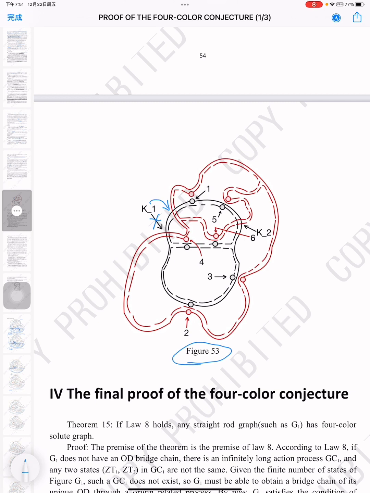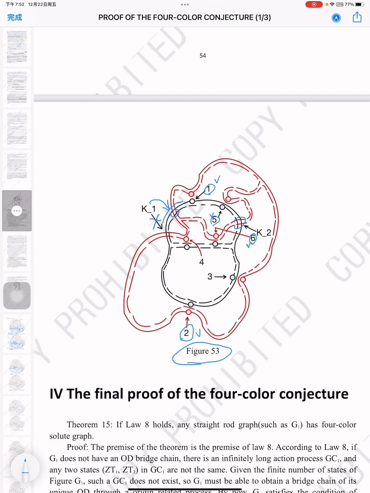So we can see in figure 53, K1 points here, K2 points here. So we can see the K1 structure state change is changed by ring 1, ring 5, ring 6, and ring 2. After ring 1 acts, ring 2 broke ring 1, and ring 5 acts before ring 6.